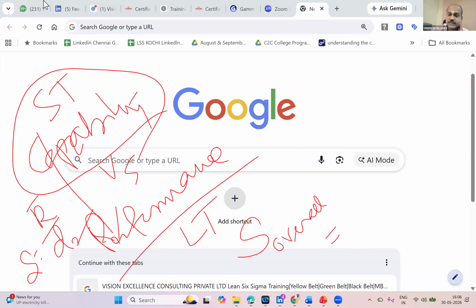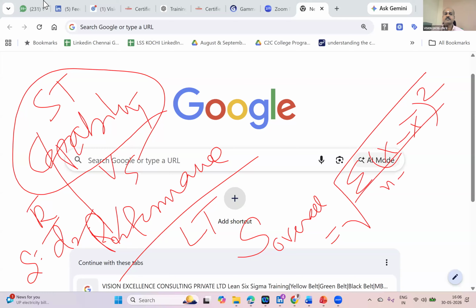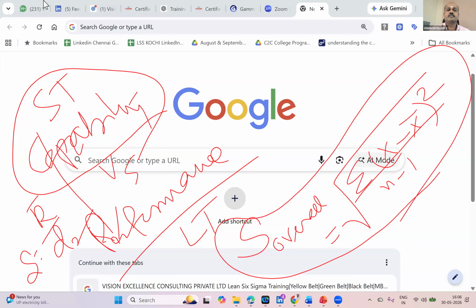Now the formula for overall standard deviation I am writing here. Have you seen this formula already, all of you? Square root of summation of (x minus x bar) the whole square by n minus 1. General formula of the standard deviation. If you use this formula, you will get a standard deviation called overall standard deviation.